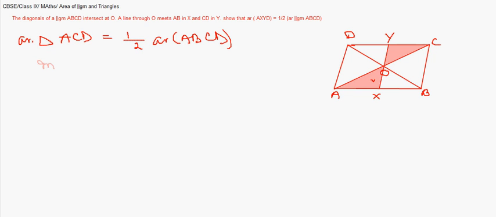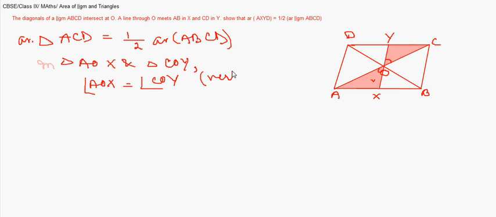I'll change the color. In triangle AOX and triangle COY, what all do we have? We have two vertically opposite angles. Why are we finding the congruency of these triangles? So that we can equate the areas of these two triangles. Angle AOX equals angle COY, they are vertically opposite angles.